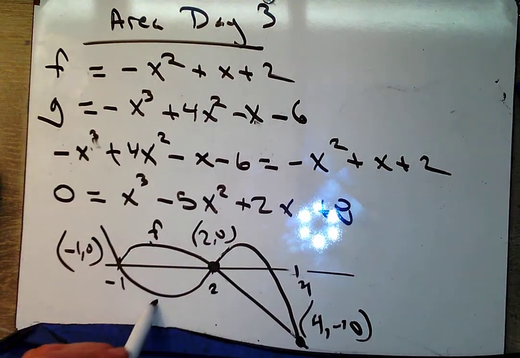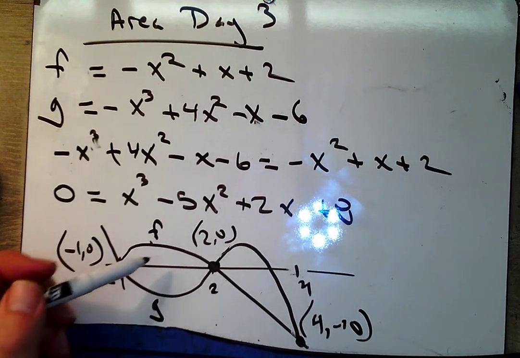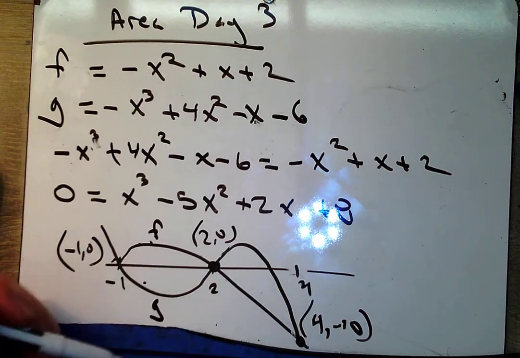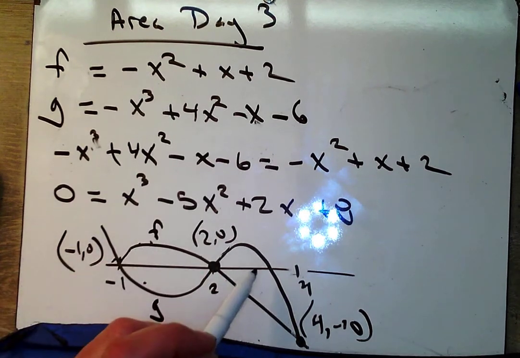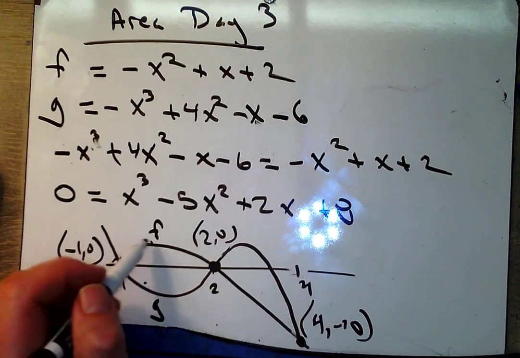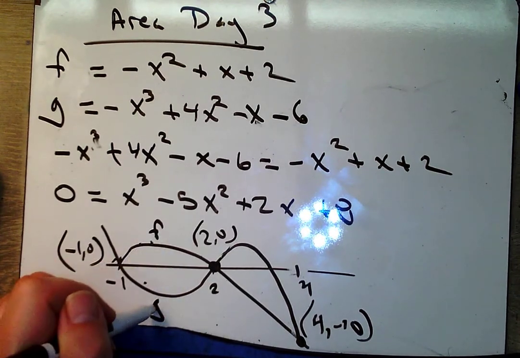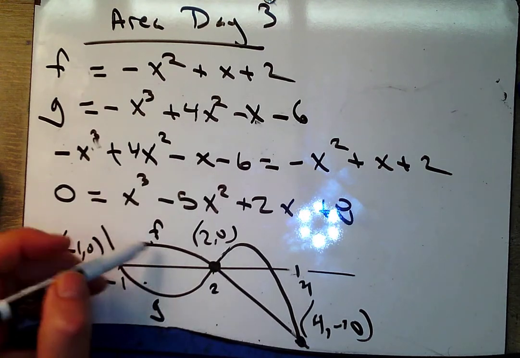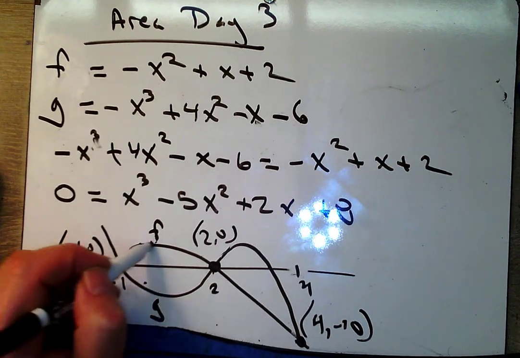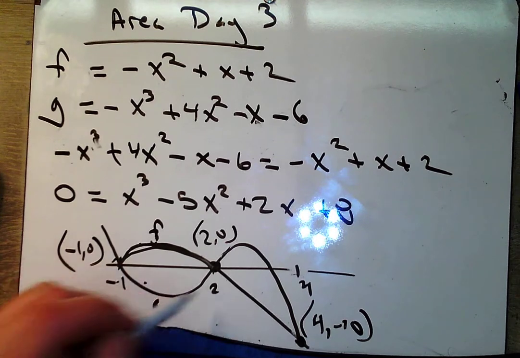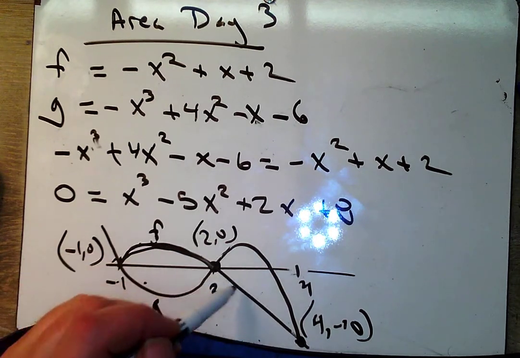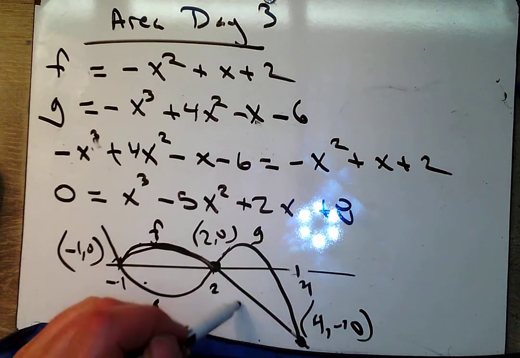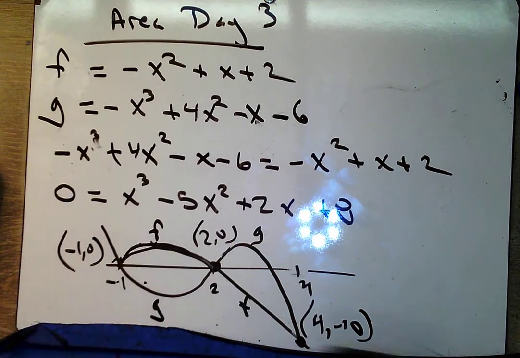This is F, and this is G. And so certainly I want to do top minus bottom from -1 to 2. But I don't want to do top minus bottom from -1 to 4. It's true that F is the top function on this interval from -1 to 2, but that's not true over here. It's G that's on top here, and F on the bottom here.